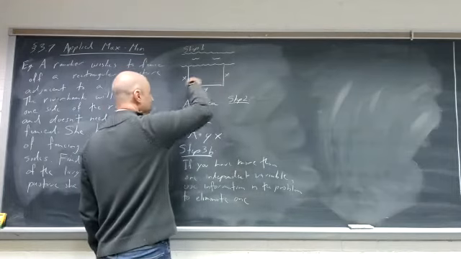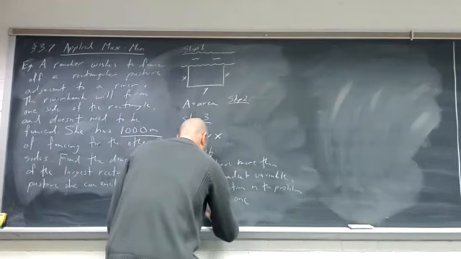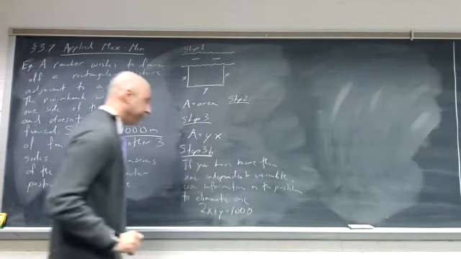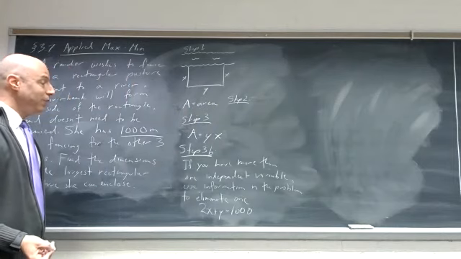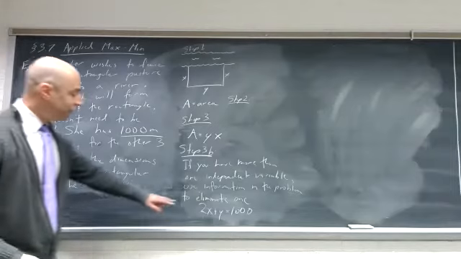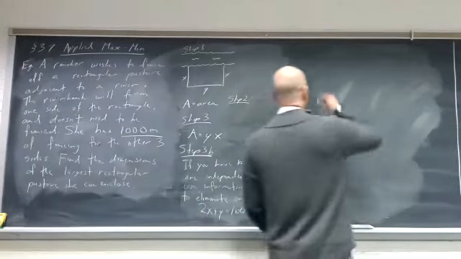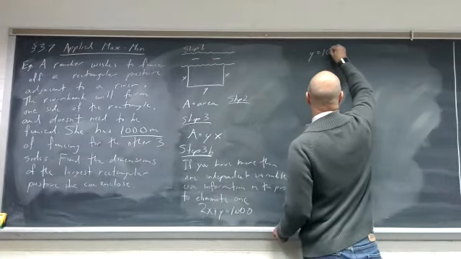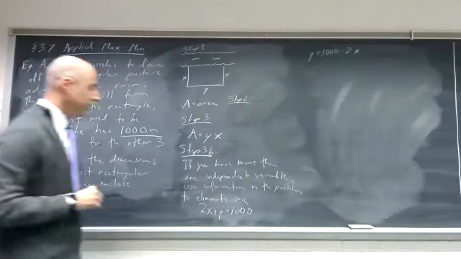In other words, x plus y plus x, or 2x plus y equals 1,000. Exactly as you said. That's how much fencing we have. We haven't used that information yet. Now we have. And I can use this to solve for one of my variables. I'm just going to solve for y. So y equals 1,000 minus 2x. Just getting y by itself.